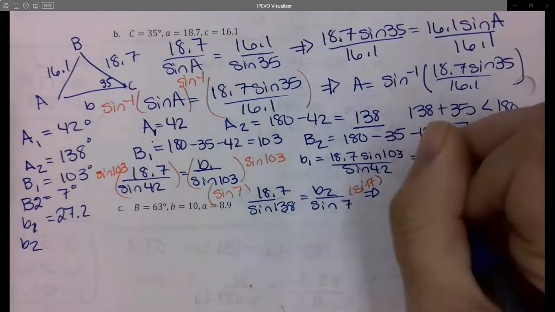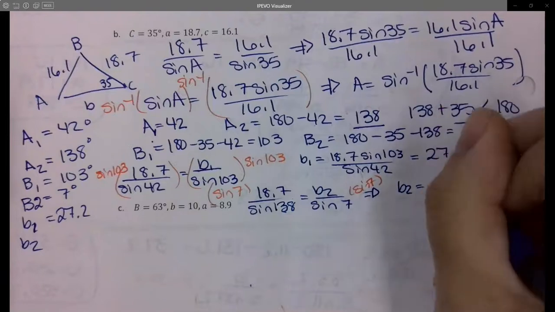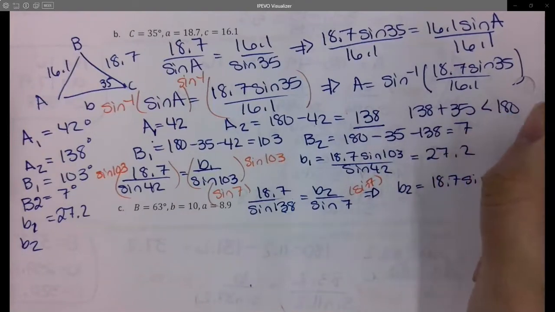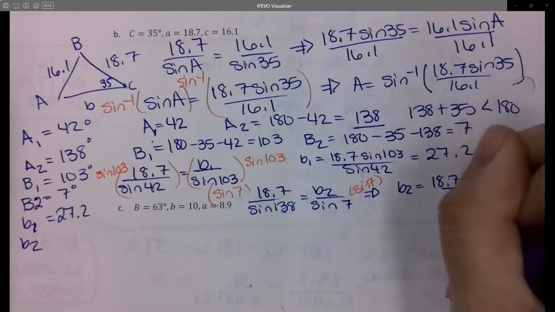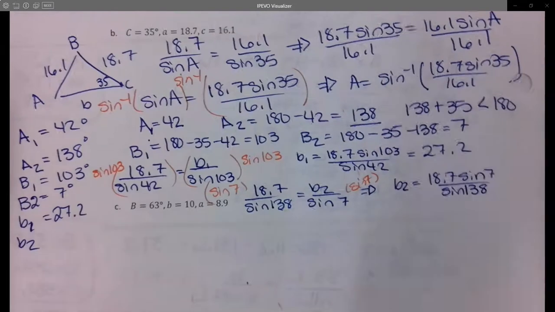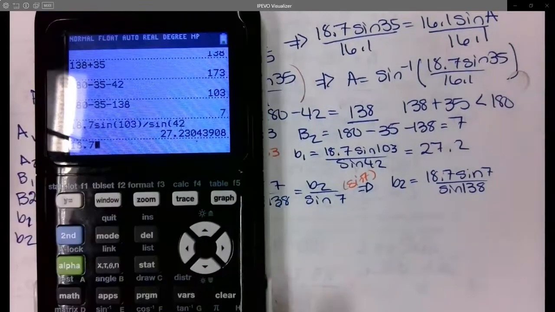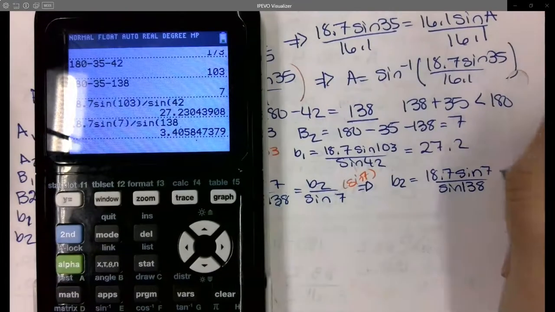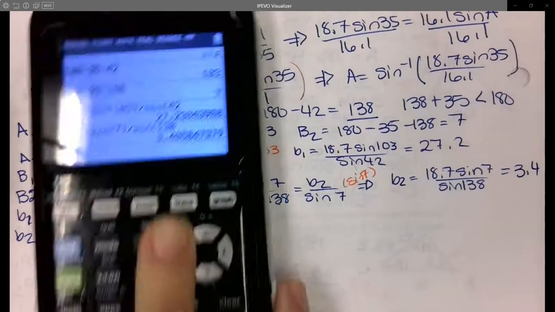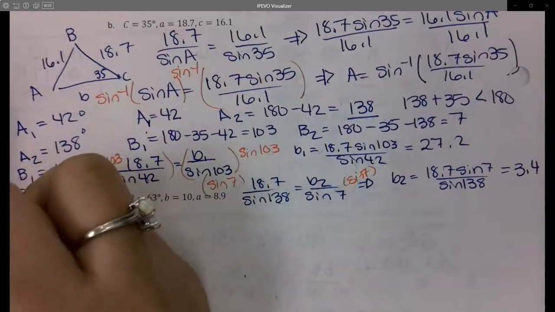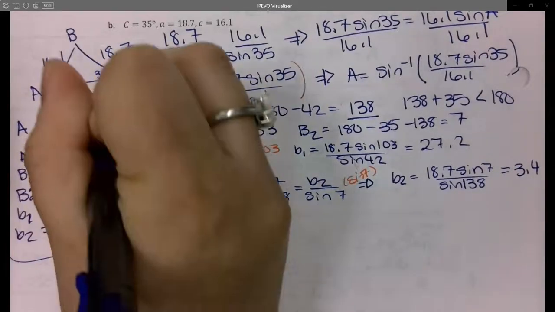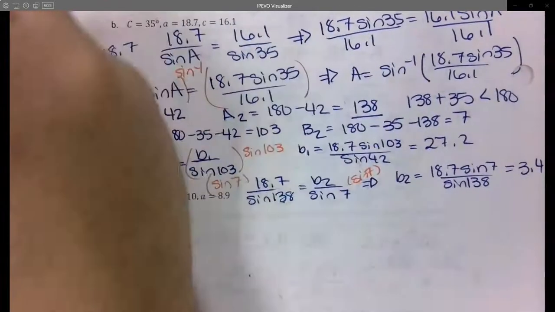This is going to get me B2 equals 18.7 sine 7 over sine 138, which gets me 3.4. These are all my answers for B. There were 2 triangles.